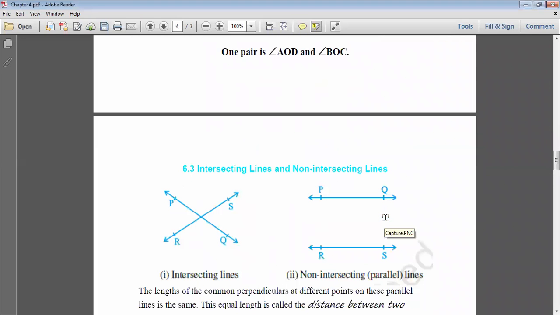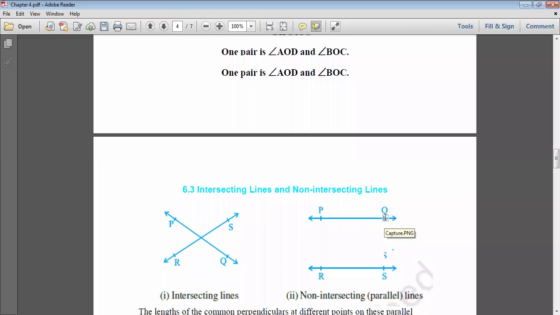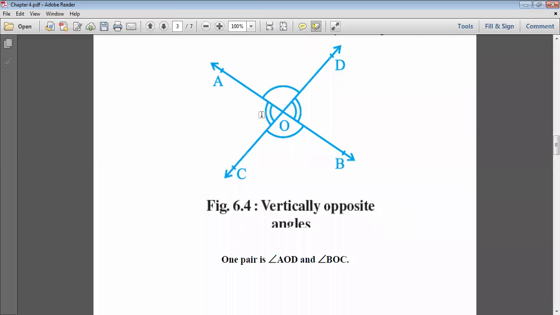So AOC and DOB can also be vertically opposite angles. What about AOB and BOC?